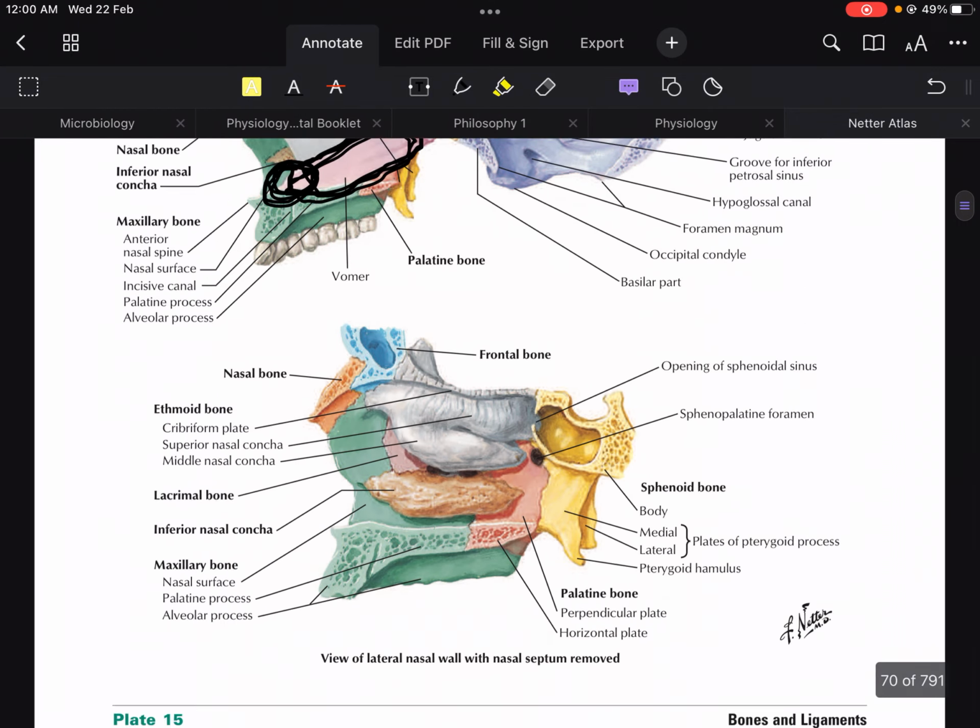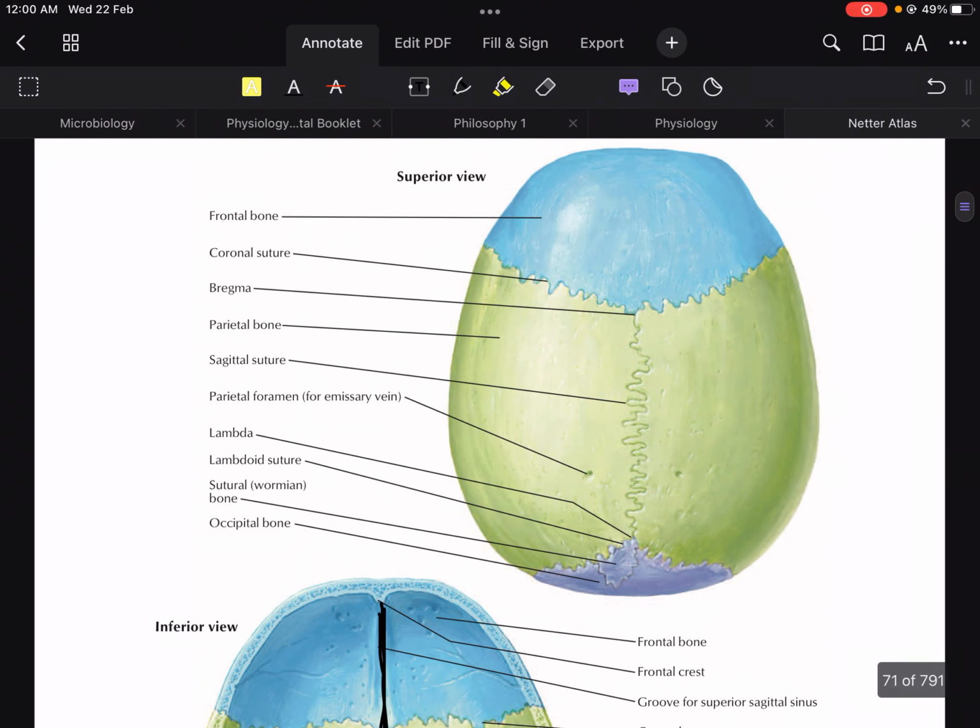Another part that I forgot to explain in the first video is about the sutures. We can say sutures are very good and have an advantage. For what? Let me explain. What is a suture? A suture separates the different types of bone from each other.